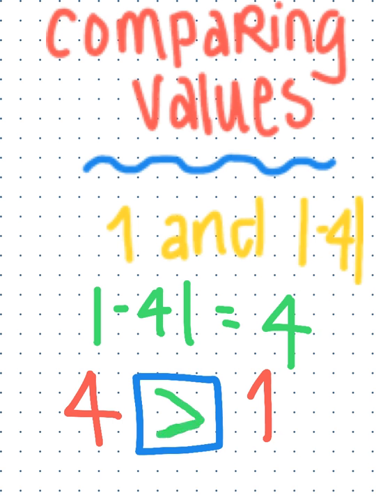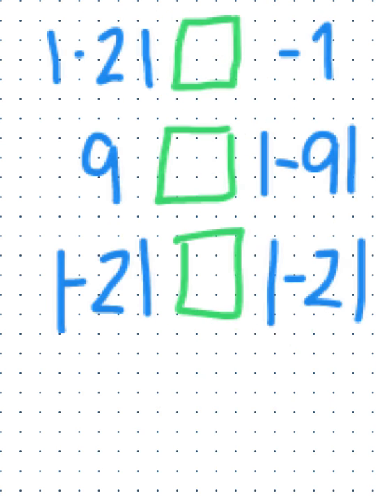Let's draw a little eye, maybe some teeth. Okay, there's our alligator, okay? And it's always going to eat the biggest number. Alright, so that's comparing values on that one.